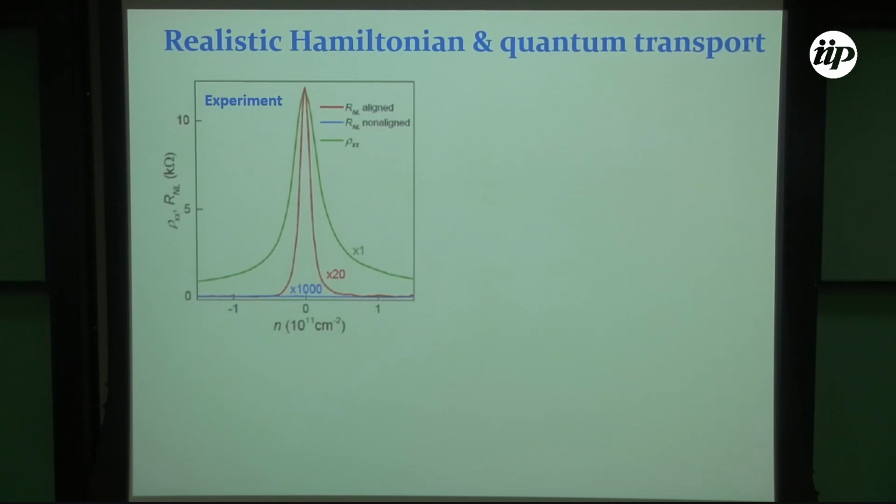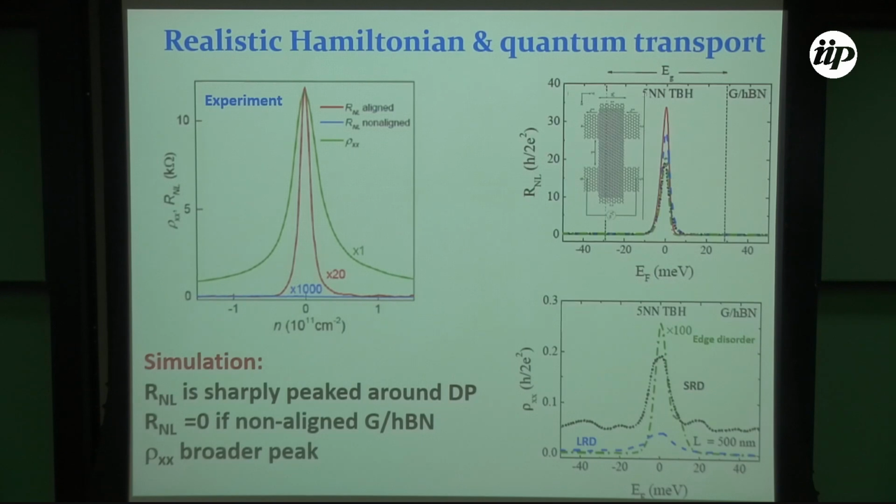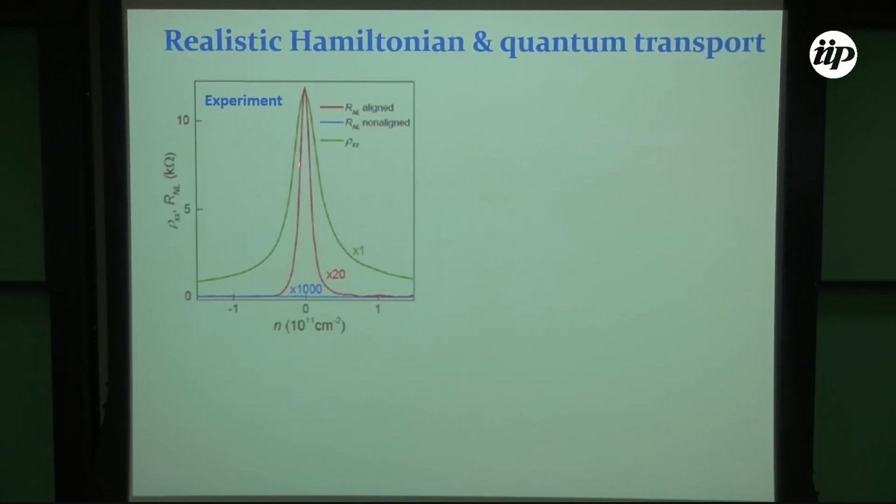So in the experiment, there is something interesting, which is this peak at the Dirac point, and in order to get this peak, we need to go beyond the simplistic approach. We need to go to this realistic model where we have edges, where we have really the graphene underneath and the hBN underneath.